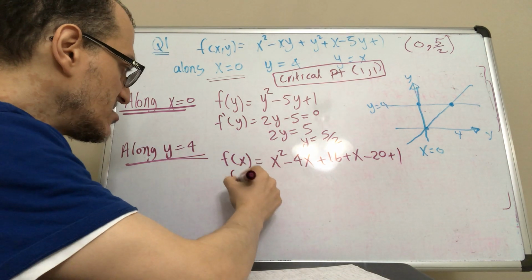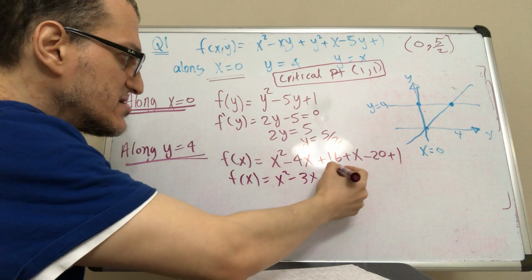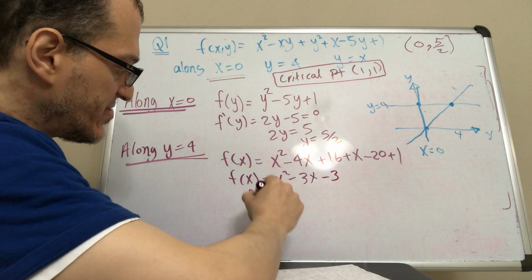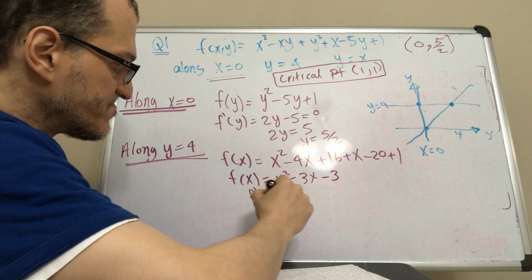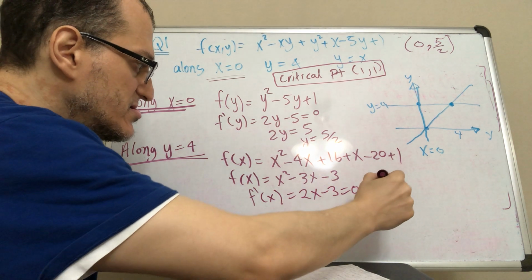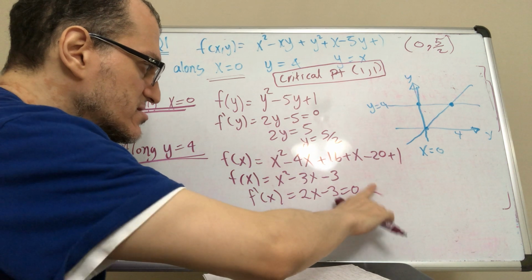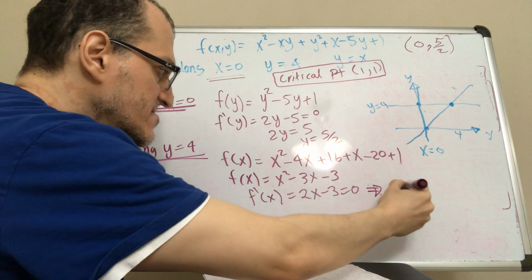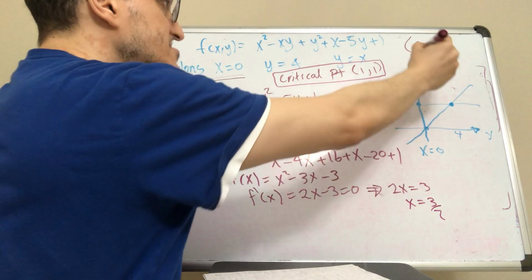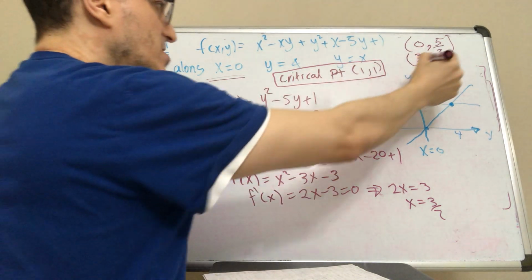So the function becomes x squared minus 3x minus 3. We find the derivative of this. 2x minus 3 equals 0, or 2x equals 3, x is 3 over 2. So we have the point where x is 3 over 2 and y is 4.